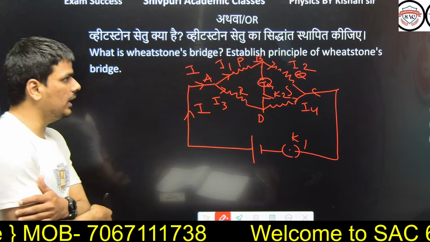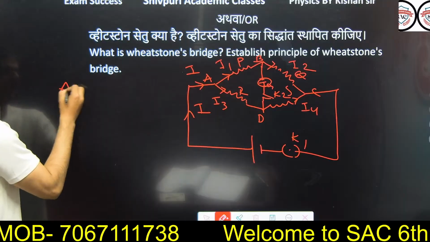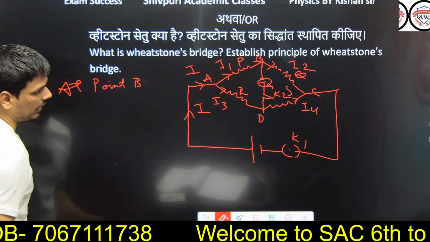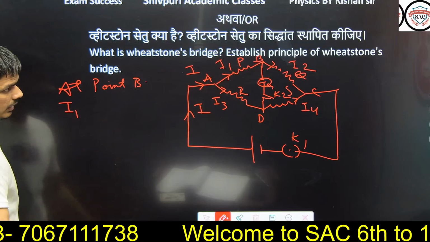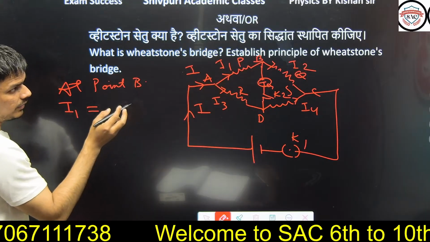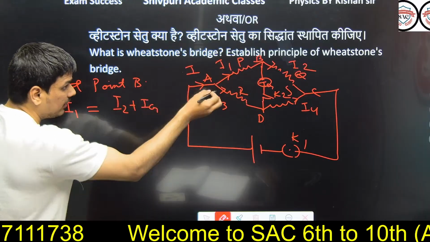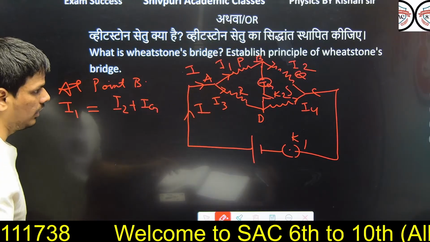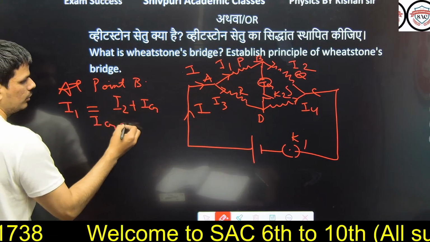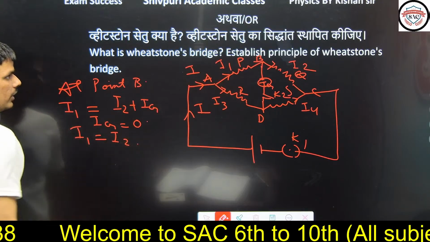According to Kirchhoff's first law, at point B, the current I1 is coming in, and the current leaving is I2 plus Ig. Ig is the current going to the galvanometer. In the ideal condition, the current Ig equals 0. So we will get I1 equals I2.